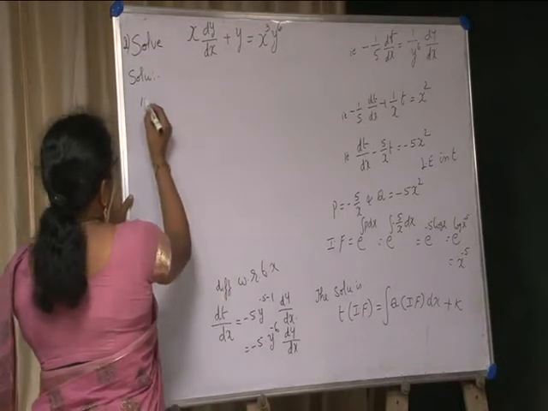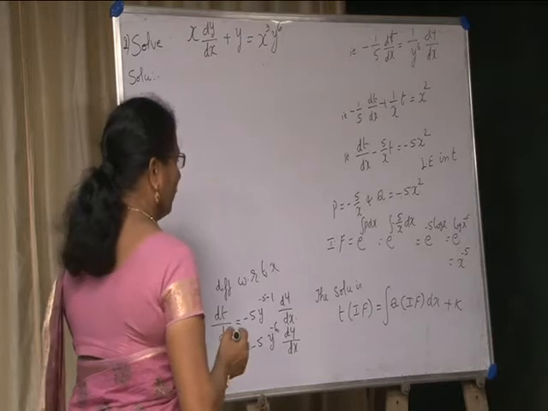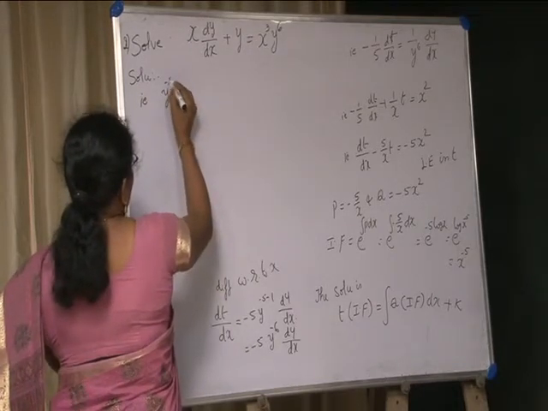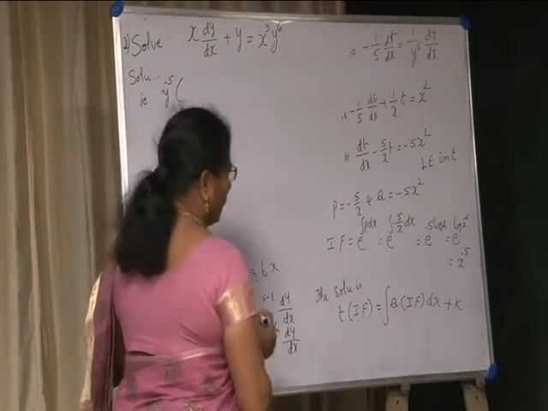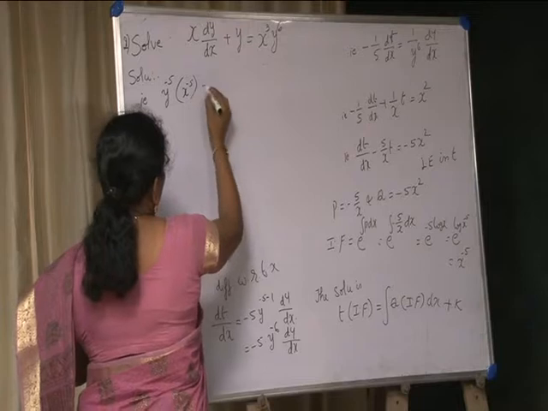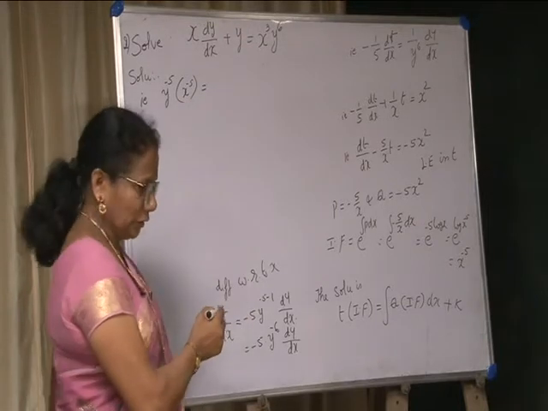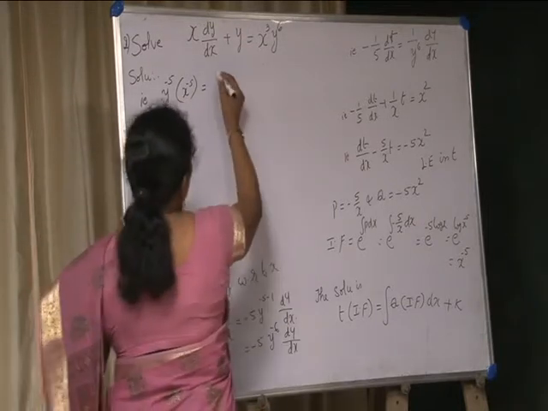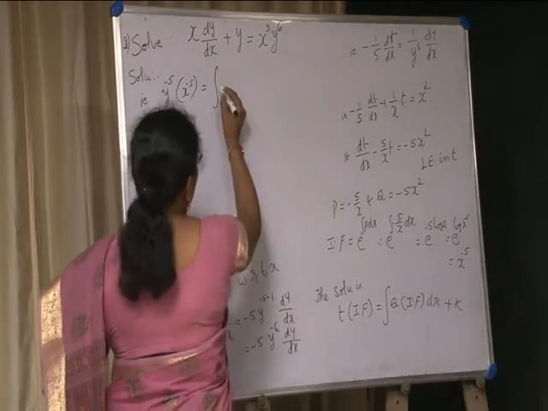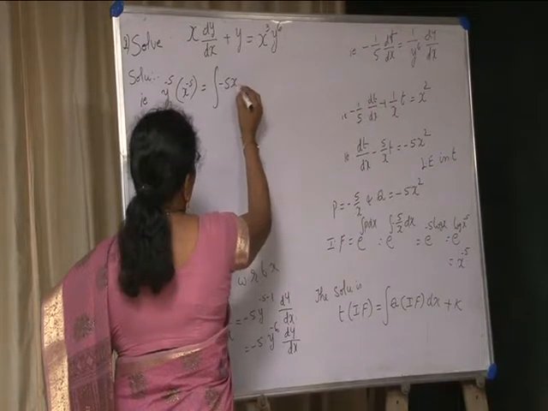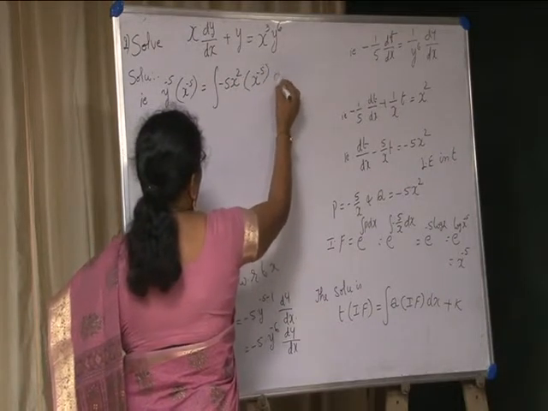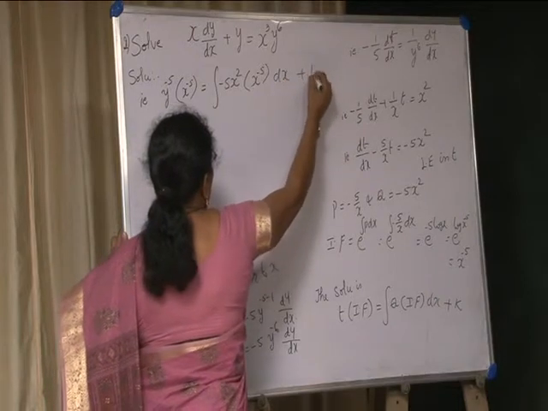That is, the t value is y to the power of minus 5, and the integrating factor is x to the power of minus 5. So this is equal to the integration of the q value, which is minus 5x squared, times the integrating factor x to the power of minus 5, with respect to x plus k.